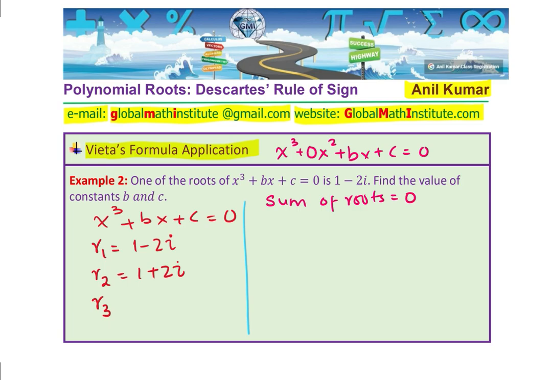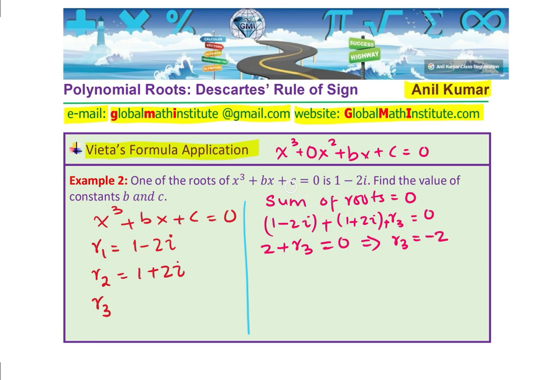We know two roots, 1 minus 2i plus 1 plus 2i, and the third root, R3, when added, should give us 0. So 1 minus 2i plus 1 plus 2i is 2, plus R3 equals 0, which gives the third root, R3, as equal to minus 2.